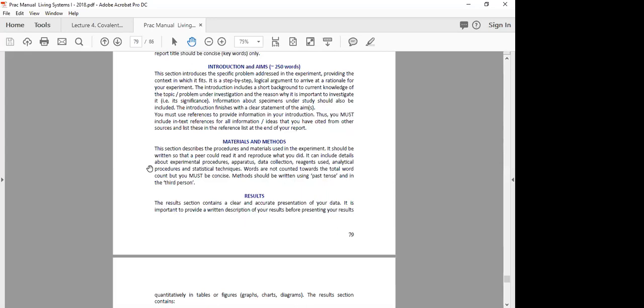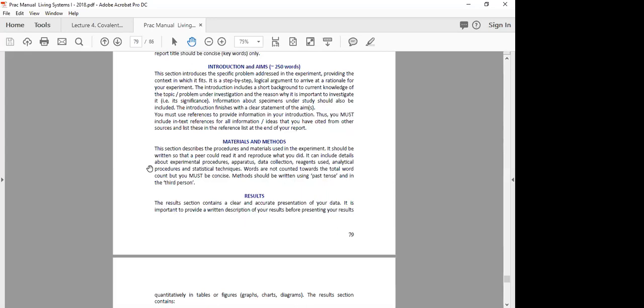The methods are written out almost the same as you'll find it in the prac manual, but with a difference. In the prac manual, you're given a list of instructions. You're told what to do to carry out that particular protocol. But when you're writing that up in your report, you're describing what you have already done. In other words, you're writing it in past tense.